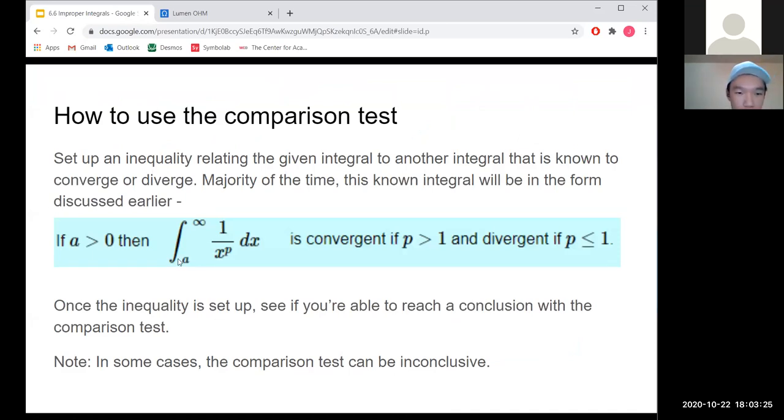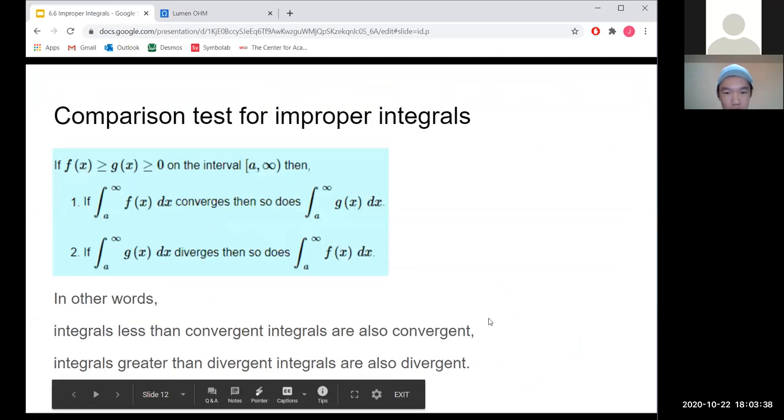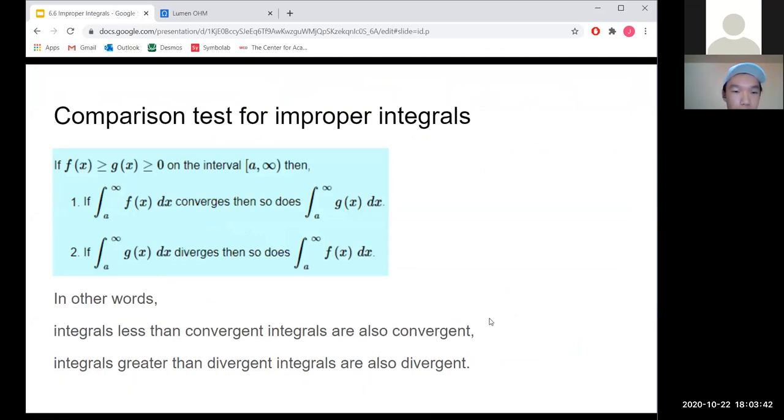So here we have the comparison test. In some cases, the comparison test will be inconclusive. Now, going back to how to reach a conclusion, can you guys think of a situation where a comparison test fails?